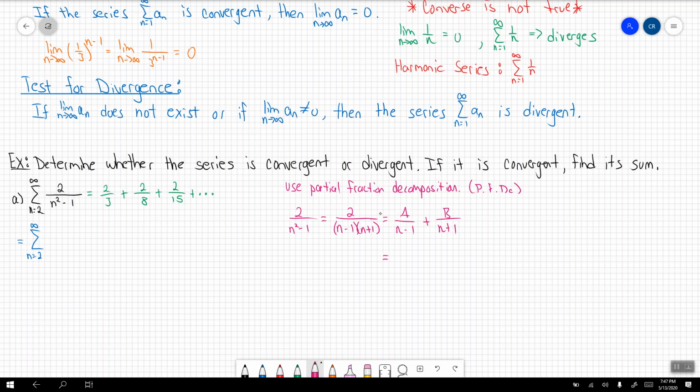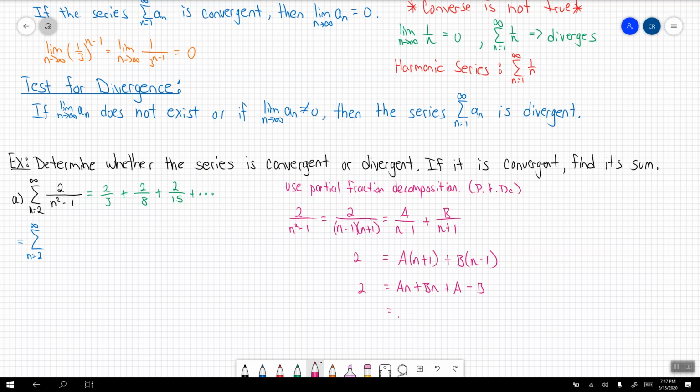So now I'm going to multiply both sides by the LCD, which means I should get 2 is equal to A times (n plus 1) plus B times (n minus 1). Now, going through this, all we need to do is combine my like terms, like such.